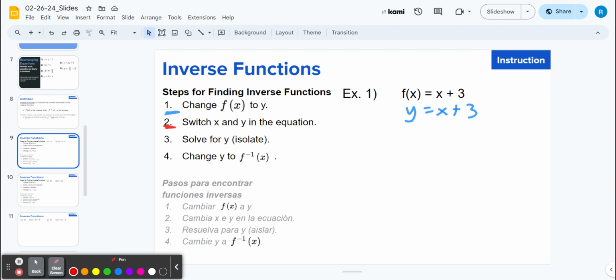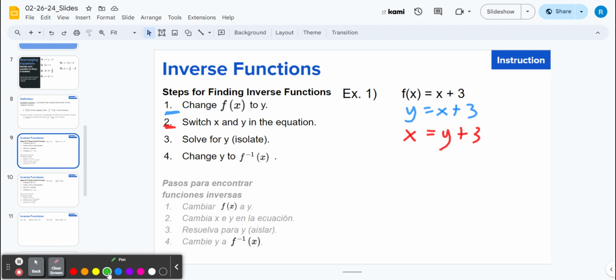We want to switch x and y in the equation, and all we're doing is rewriting it with x in the place of y and y in the place of x. That is where we get our inverse. That allows us to undo everything. By flipping that input and output, we can create a situation where we have our inverse.